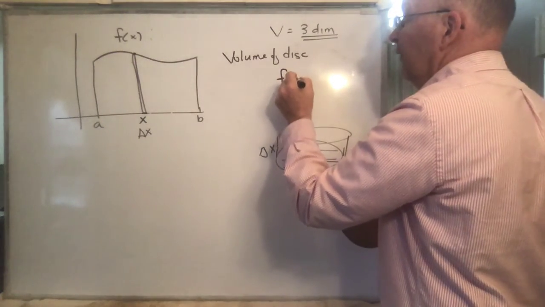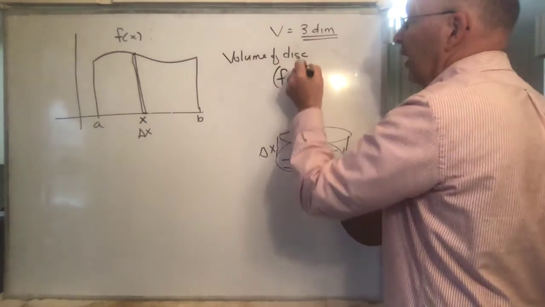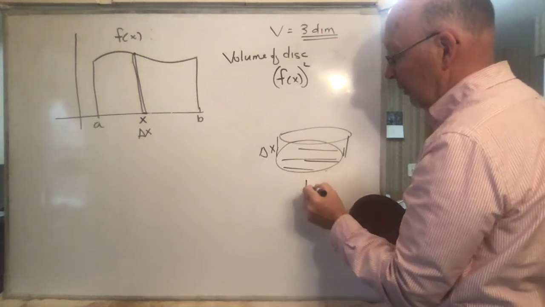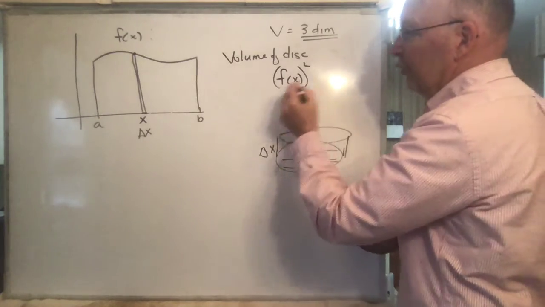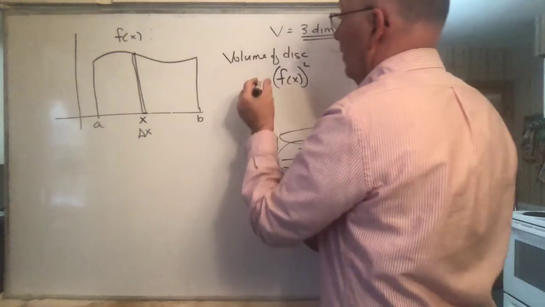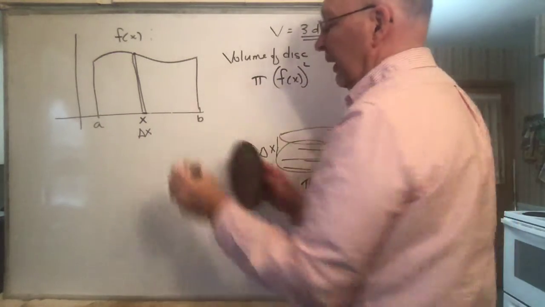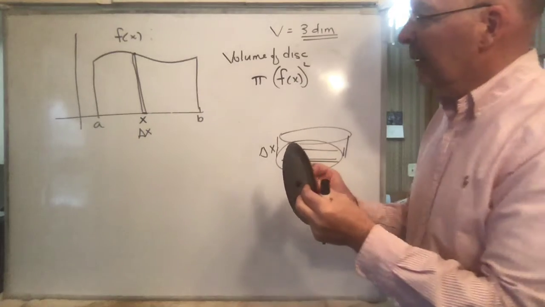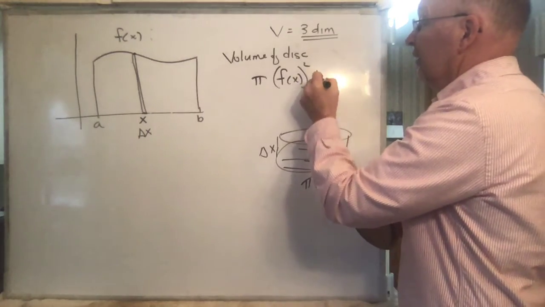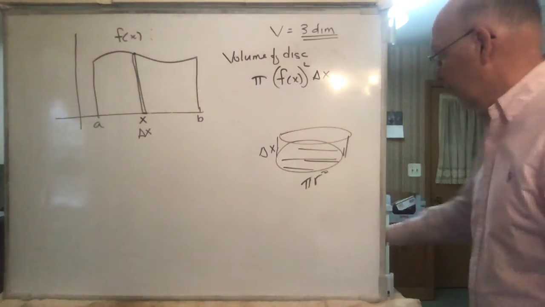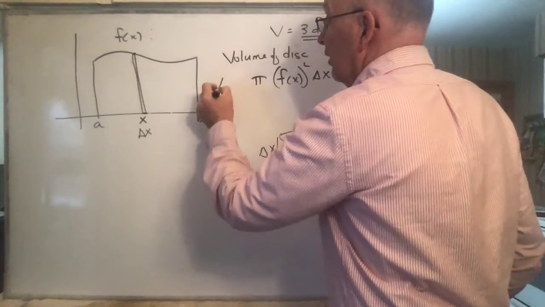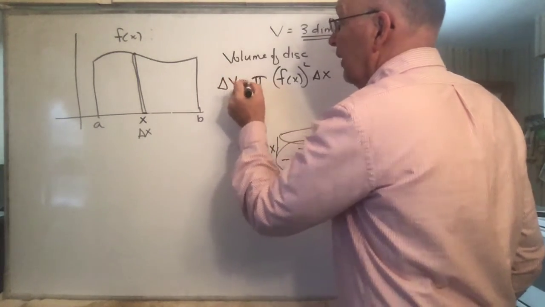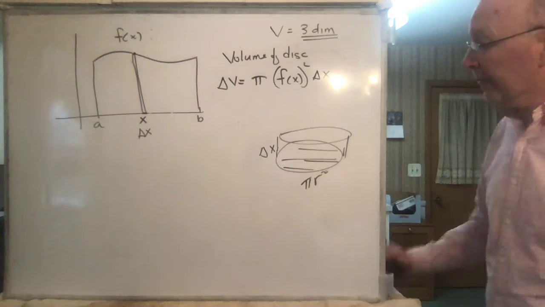So here's your f of x squared, there's your radius squared times pi. That gives you this area. And now you multiply that by the thickness, which is a little delta x right there. And so that's going to give you a little bit of volume.